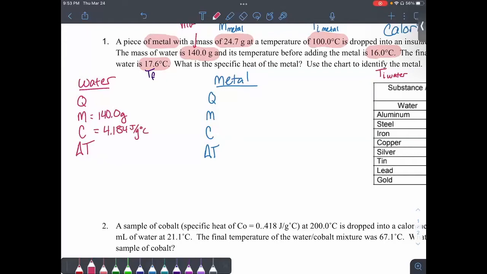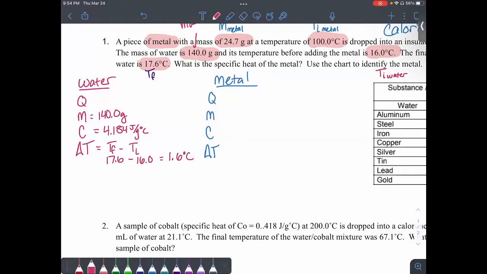And then we need to remember that our delta T is really our final temperature minus our initial temperature of our water, which means we look at the final temperature of the water, 17.6 degrees Celsius, minus the initial temperature of 16 degrees Celsius, which gives us our change in temperature of 1.6 degrees Celsius.